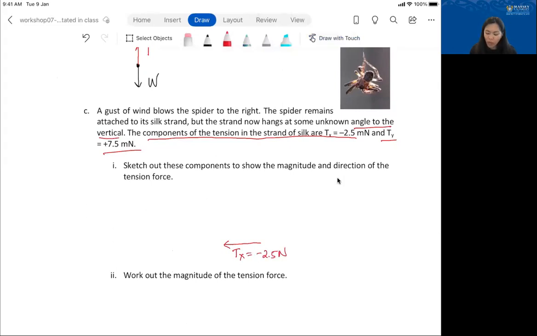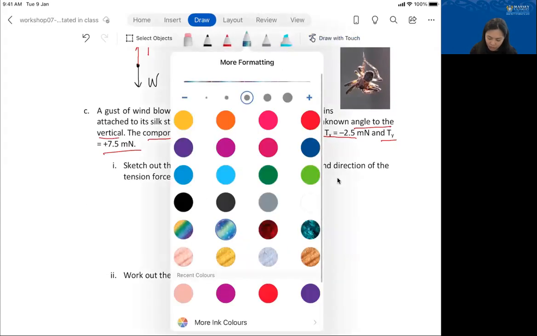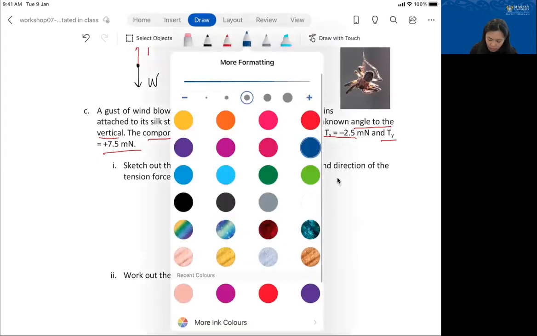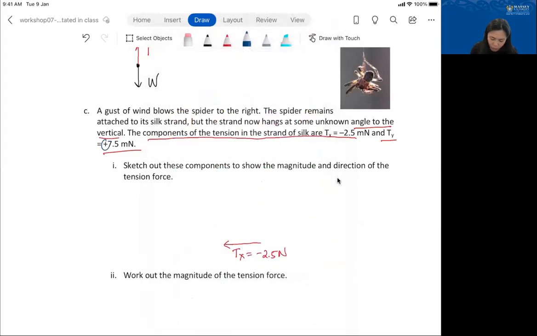Then your y component is positive, so that means it's upwards.